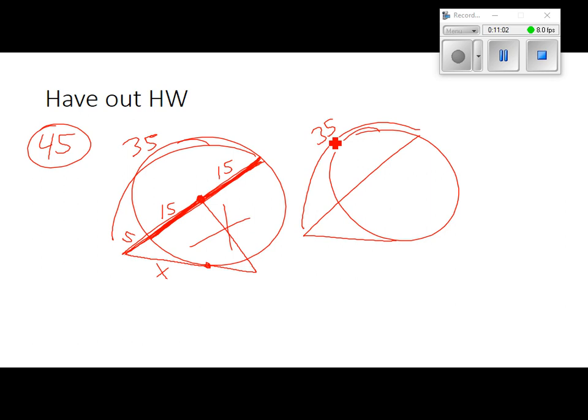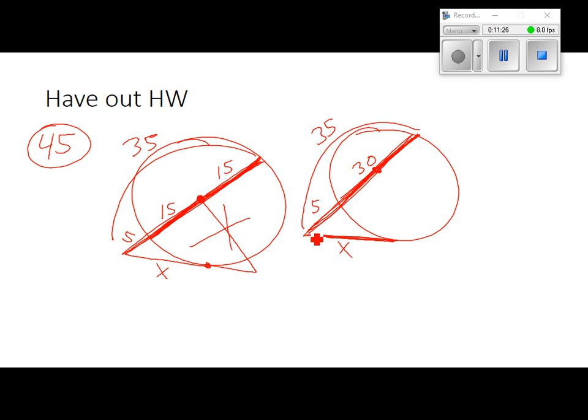This part out here is 5, and sorry, it's supposed to go through the center. That's an ugly circle with the center not in the center. How long is this part inside here? 30. This is X.